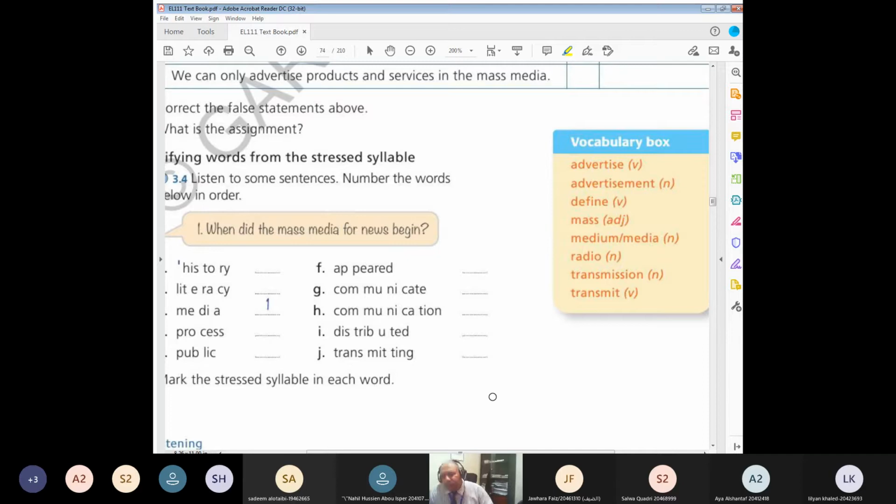More specifically, we use it to talk about language and communication. In order for me to reach out to you, I use this very beautiful medium that we call Teams. In order to announce something to you, I use the medium of WhatsApp or Telegram. This is also a medium. I also use the LMS. So these are all media.